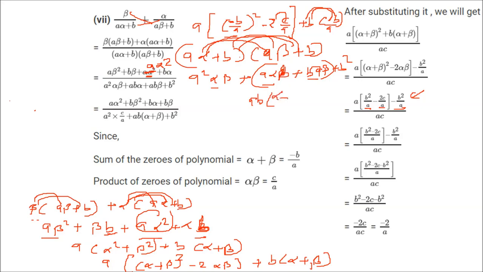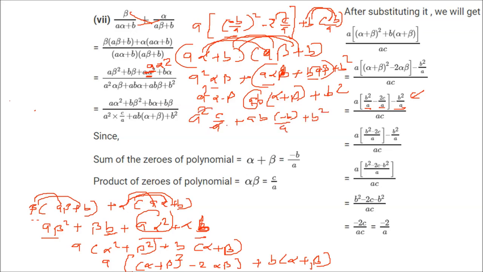Now you get alpha plus beta inside, plus b square, and you have a square alpha beta. So this is a square, alpha beta is c by a, then we have plus ab, alpha plus beta is minus b by a, and then b square. So what do we get?